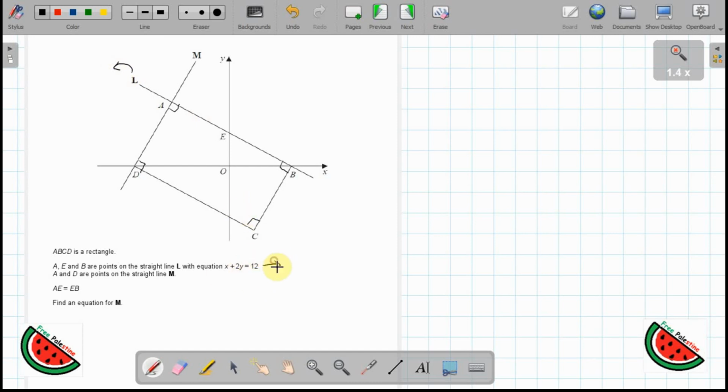On the side, I'm going to rewrite this. So x plus 2y equals 12. I want to make y the subject, so subtract x both sides. So 2y equals minus x plus 12, or 12 minus x, whichever way you want to write it. And then I divide by 2 both sides.